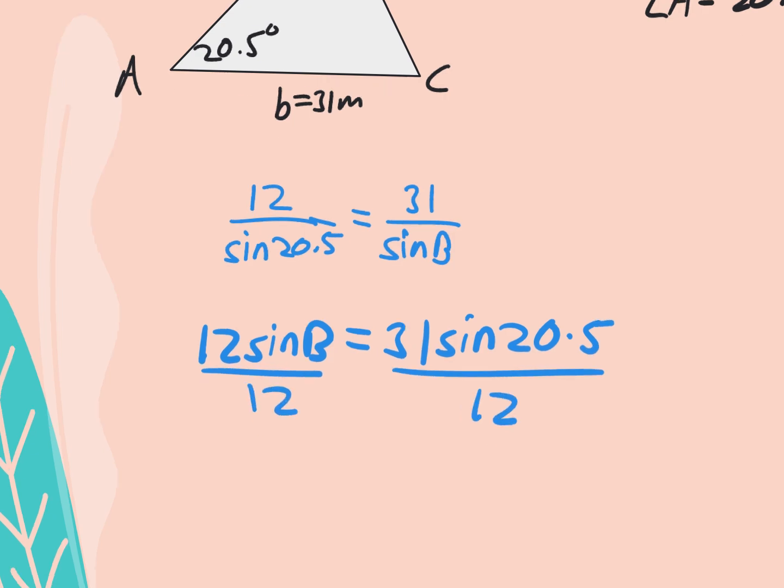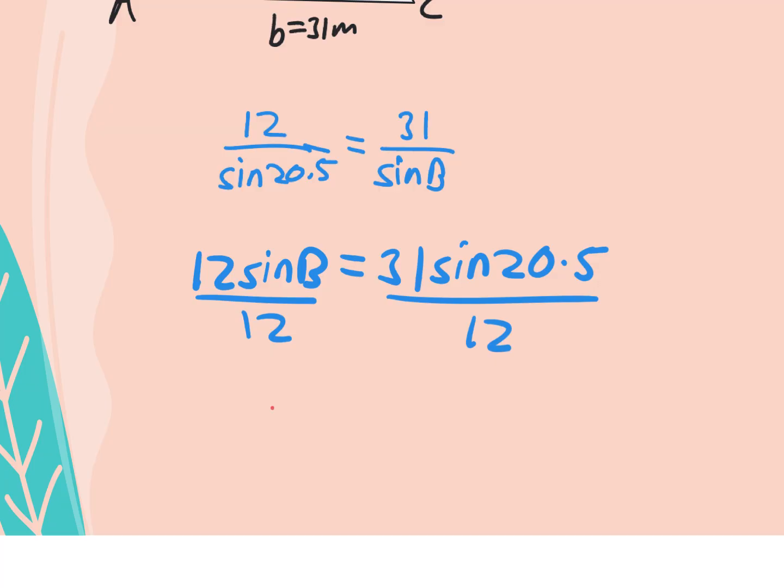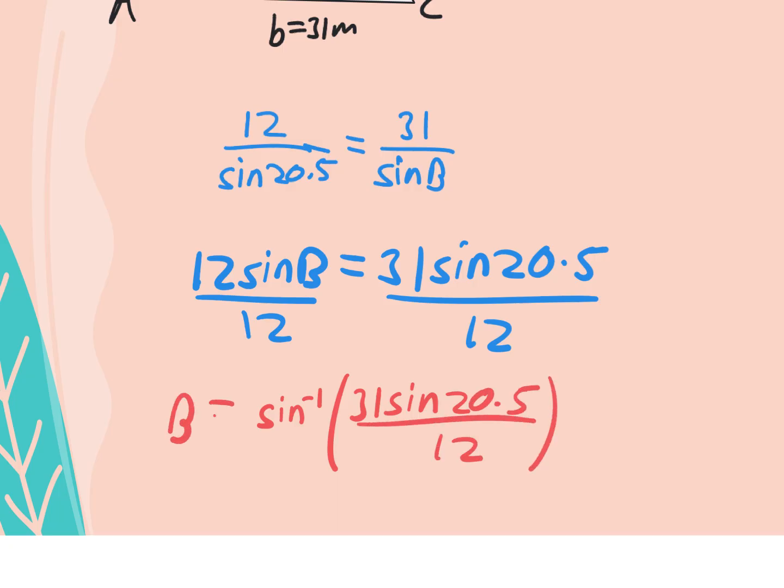Divide both sides by 12, and then you're going to do sine inverse of this number right here. And that's going to get you angle B. So type this in your calculator, see what you get.